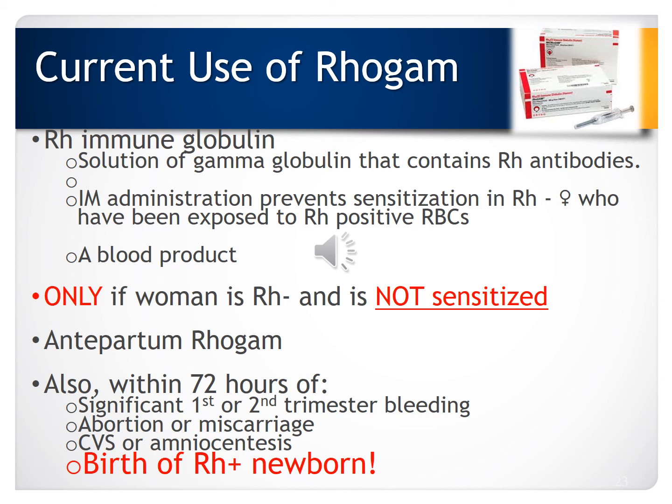It usually takes 4 or so days before antibodies can be developed. So that's why we have this 72-hour window in the postpartum period to administer Rhogam.